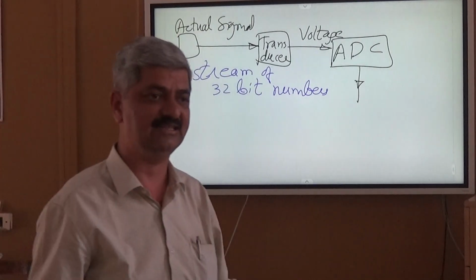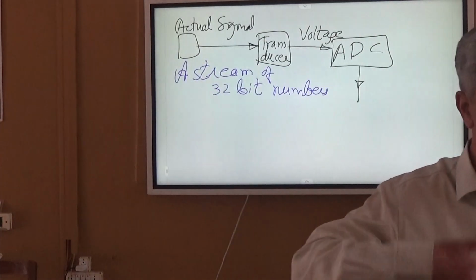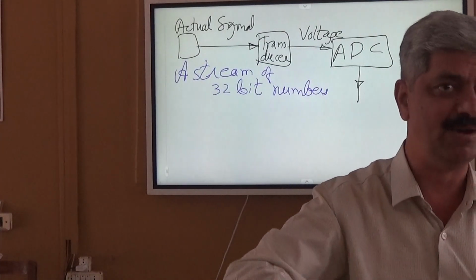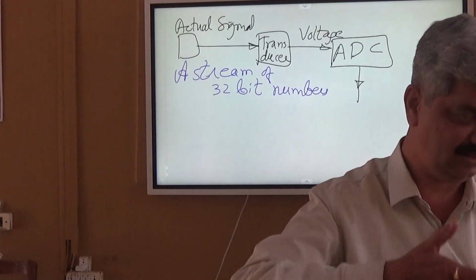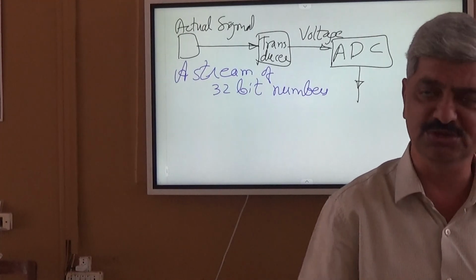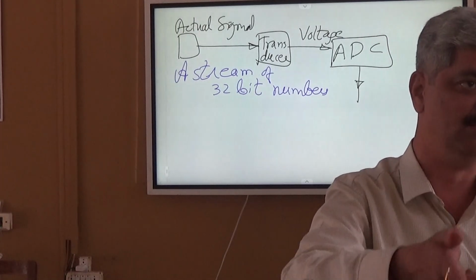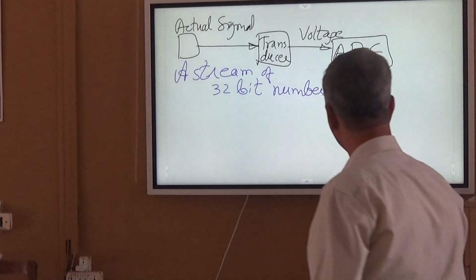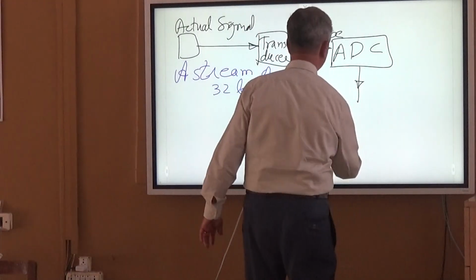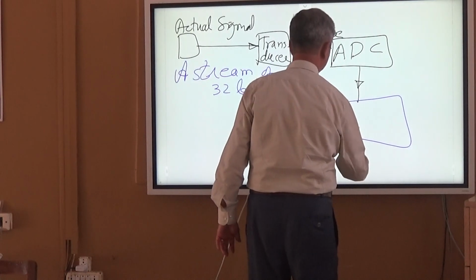This is a digital signal, and it can be processed online or offline. Once it is a stream of numbers, using a computer you can do anything on those numbers.